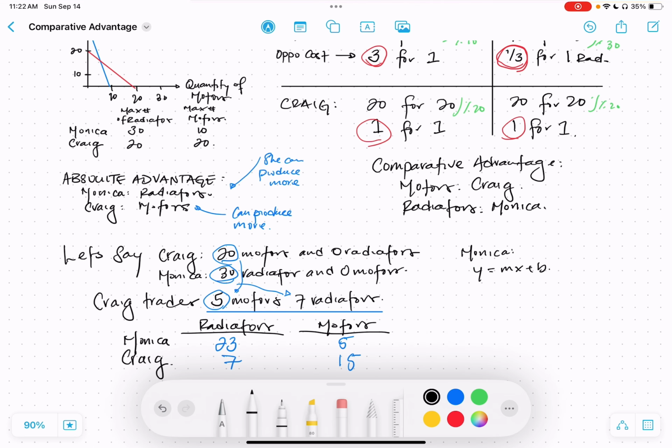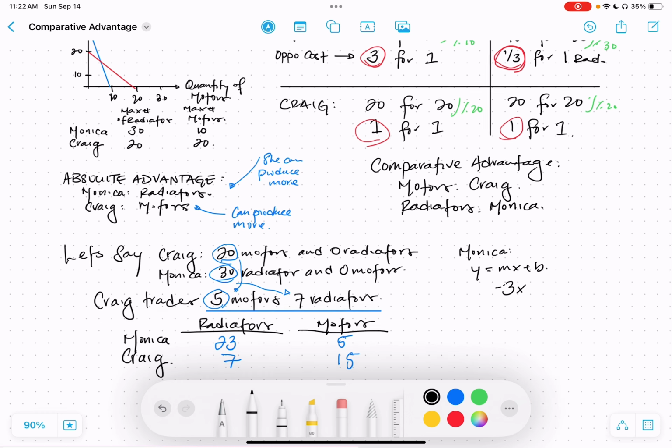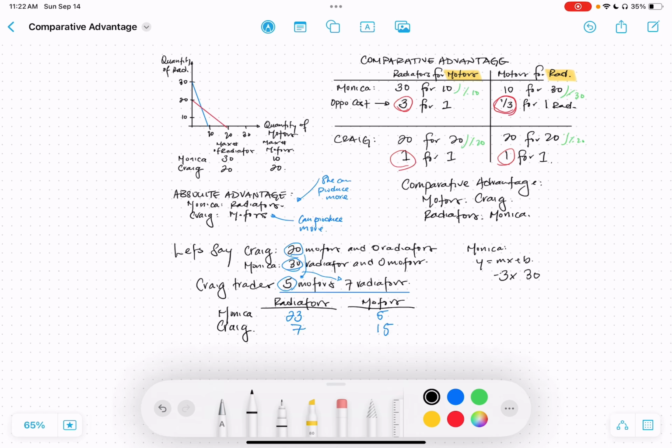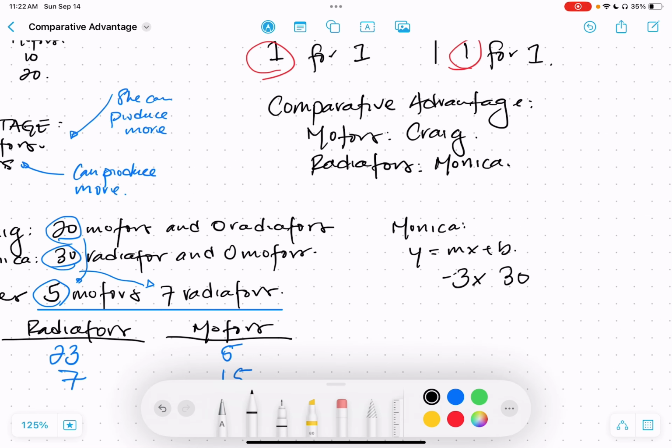So this is a pretty simple calculation. I can tell right off the bat, we do rise over the run. So 30 over 10 is our slope. So our slope is -3x. And our y-intercept here for Monica is 30. So y equals mx plus b.